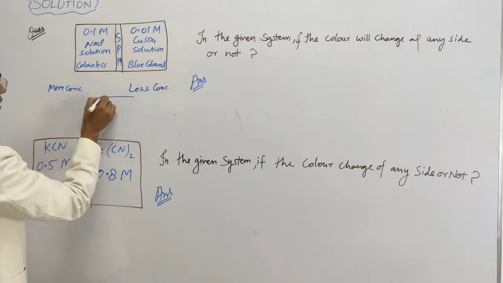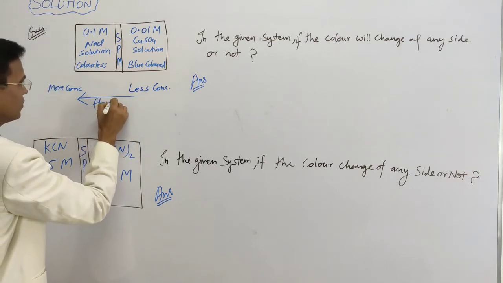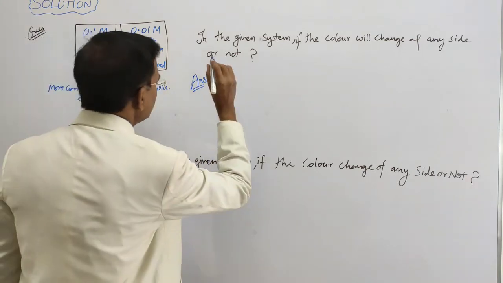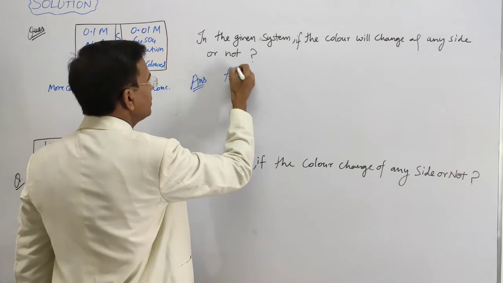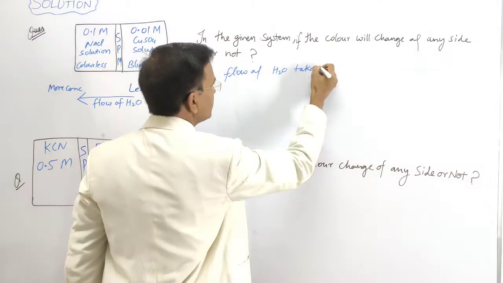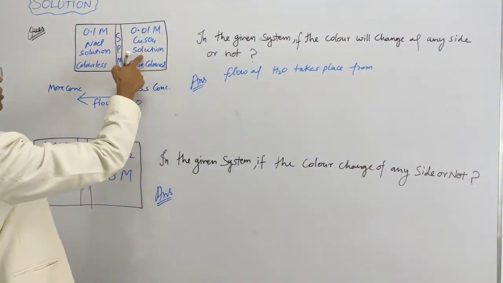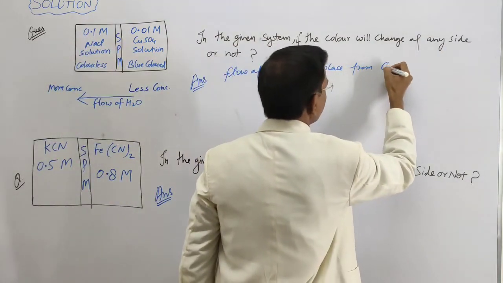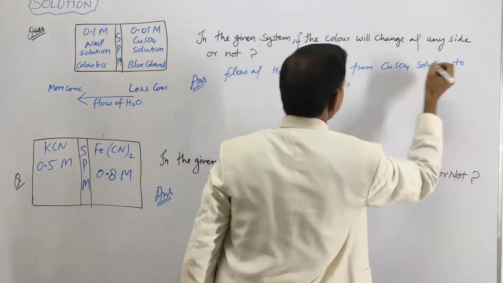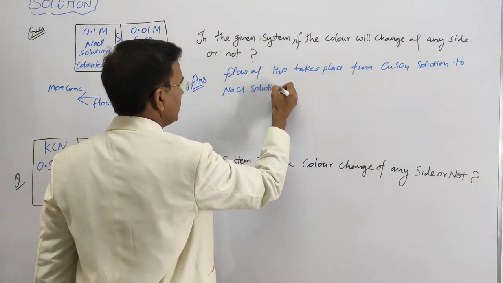So the flow of water takes place from less to more concentration, right? That means the flow of water takes place from copper sulfate solution to NaCl solution, right?